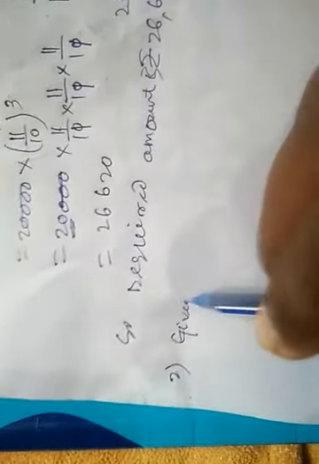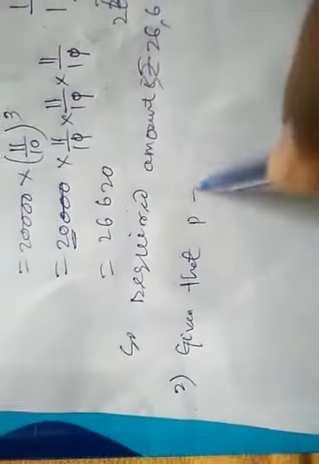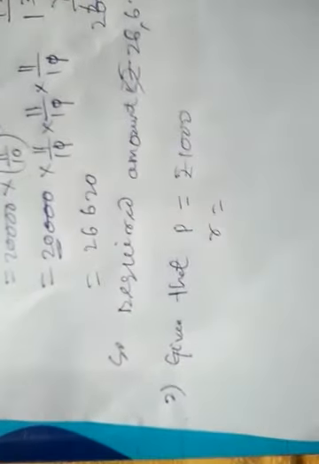So here you write the number 2, given that P equals rupees 1,000. R, here 20% is given, but compounded half yearly means it will be halved. So 20 by 2 is equal to 10.